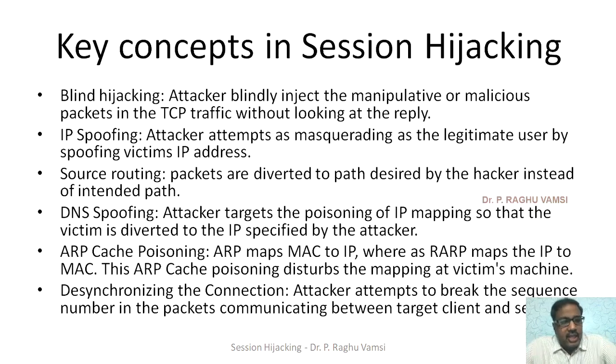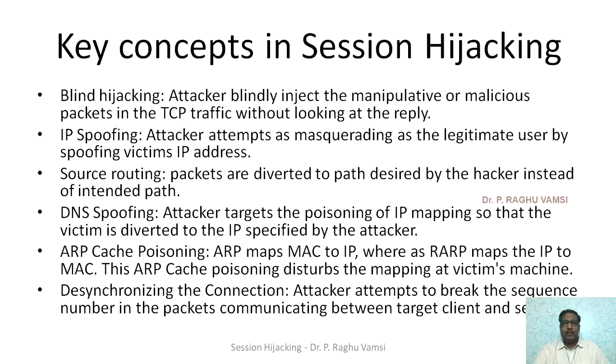Next one is the ARP cache poisoning attack. Basically, to get the IP address when you know the physical address, that is the MAC at the data link level, ARP is used, which is called address resolution protocol. Whereas RARP, reverse address resolution protocol, maps the MAC to the IP.